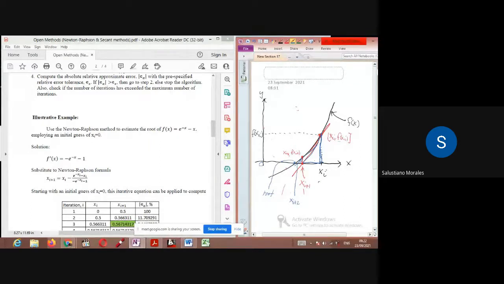And the derivative of the power is negative 1. So we come out that the derivative now, f prime of x, is equal to negative e raised to negative x, then minus the derivative of x, which is equal to 1.